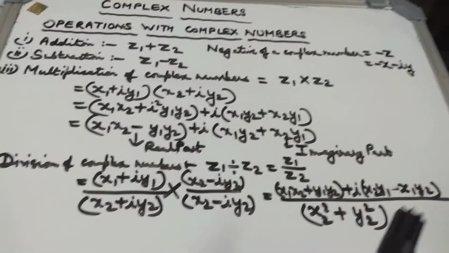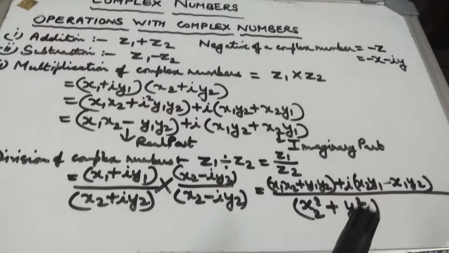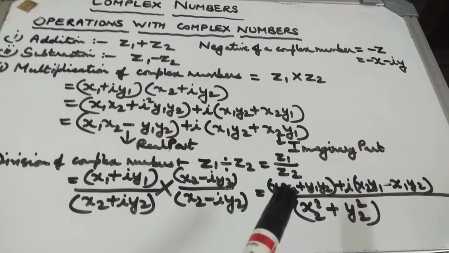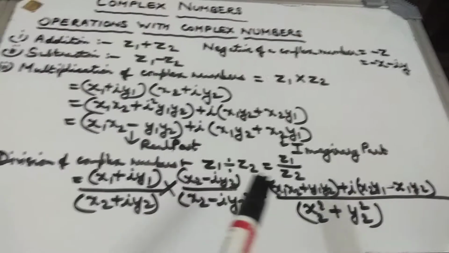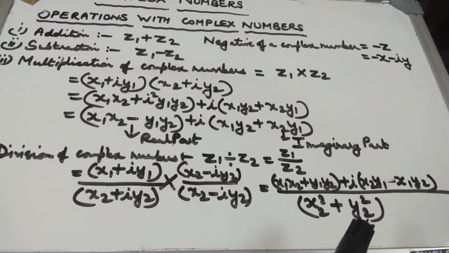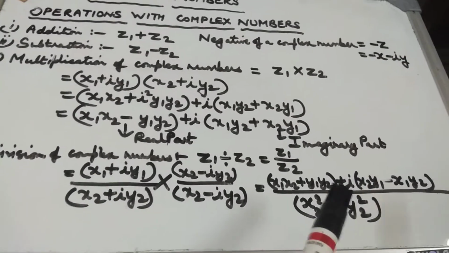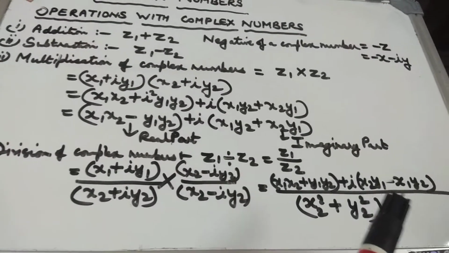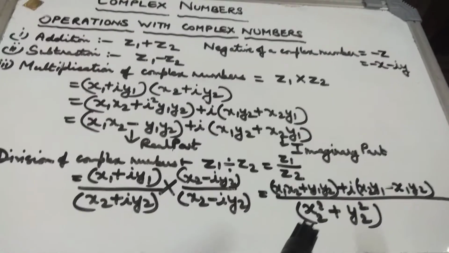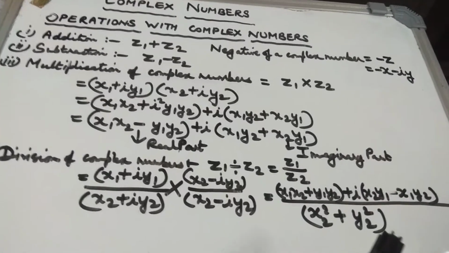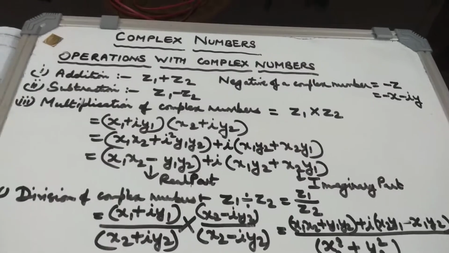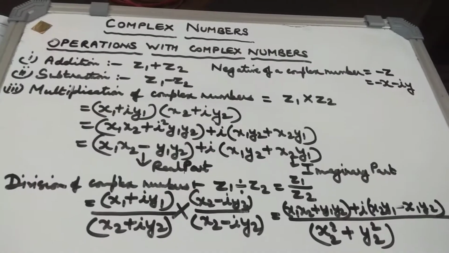That will be the complete numerator. Hence, this is a complex number whose real part will be the first bracket upon x2 square plus y2 square, and imaginary part will be the second bracket, that is x2 y1 minus x1 y2 upon x2 square plus y2 square. So this is the complete procedure for writing the division of complex numbers.